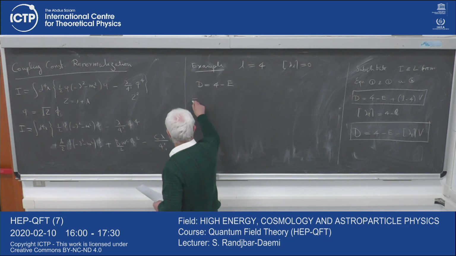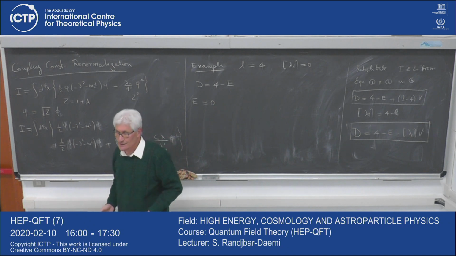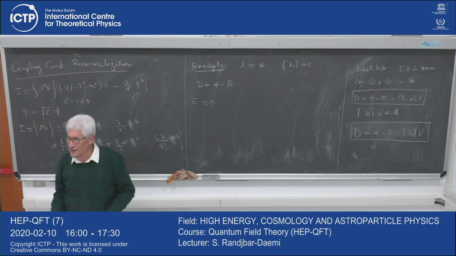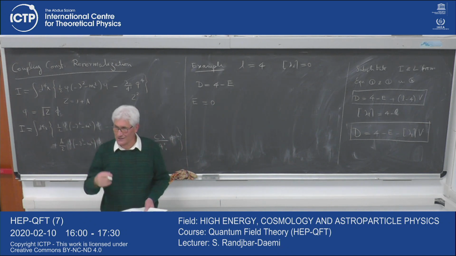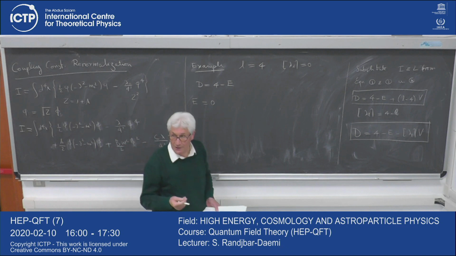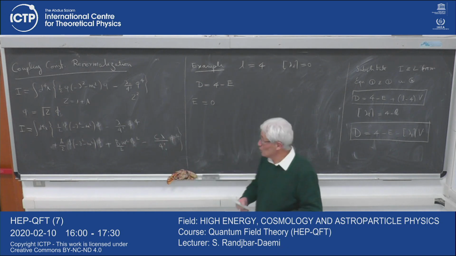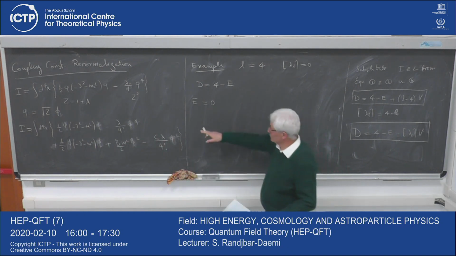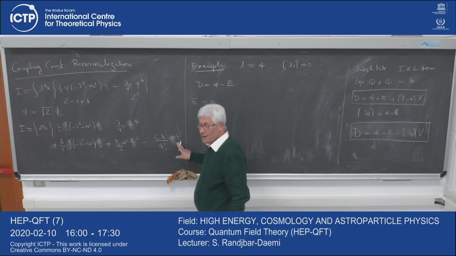E equal to 0 means a graph with 0 external lines. This is just a constant. In fact, it's the sum of the 0-point energies of the Hamiltonian. It's a so-called cosmological constant, if you like. You can renormalize it by adding to the Lagrangian a constant term and removing that infinity. It's an infinite quantity.